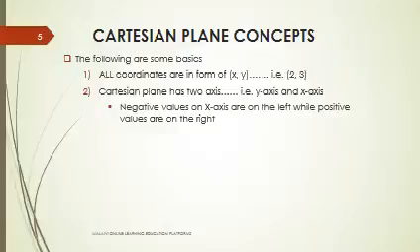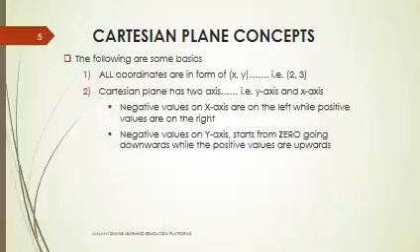Remember, the x-axis is the horizontal axis, and the positive values are on the right. So from 0 going to the right, those are the positive values. Also, negative values on the y-axis start from 0 going downwards, while the positive values start from 0 going upwards. That is the other basic of the Cartesian plane.